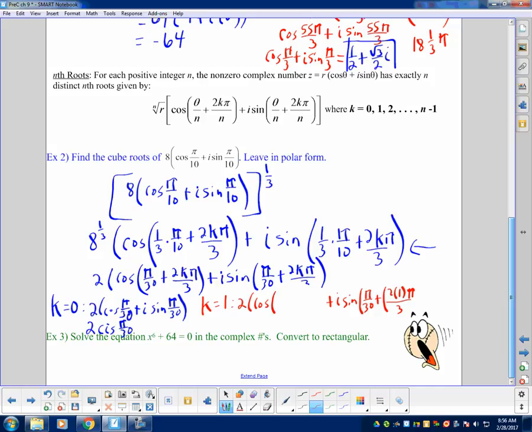Pi over 30 plus 2 times 1 pi over 3, plus i sine pi over 30 plus 2 times 1 pi over 3. And remember, it's 3 in this one, so this should be over 3 up here.